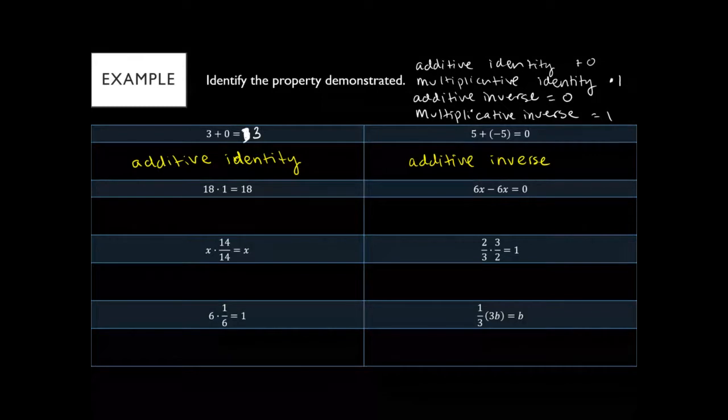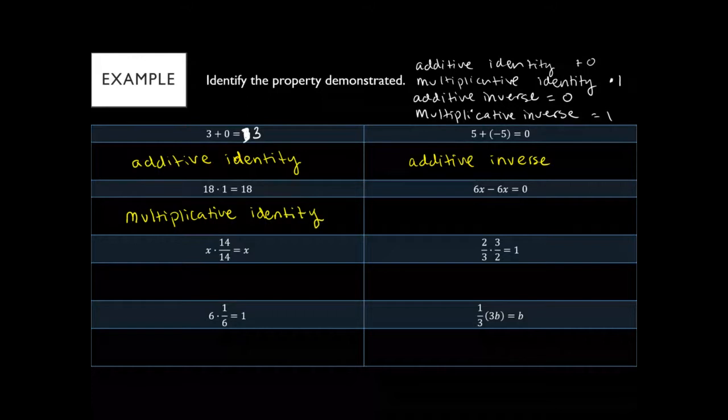Okay, let's look at the next row. 18 times 1 equals 18. That is the multiplicative inverse. Excellent. We are multiplying by 1, or identity, not inverse. This is the tricky thing, because the words are very close.